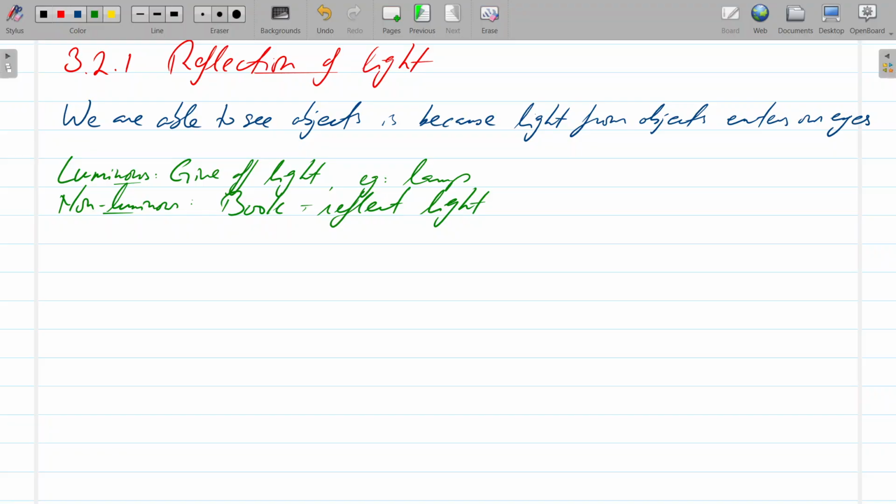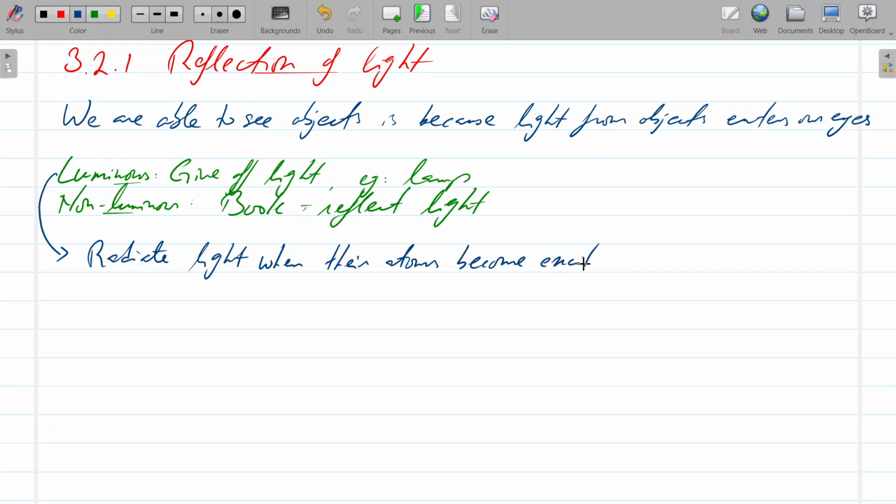All right. And so what happens with luminous sources is the way they give off light is, in most cases, electricity, or some form of energy. So what they do is that they radiate light when their atoms become excited.